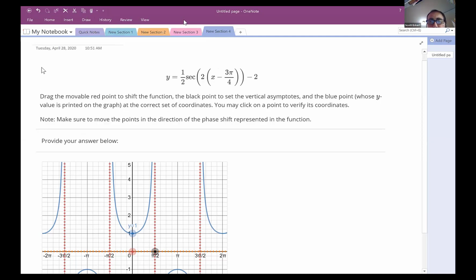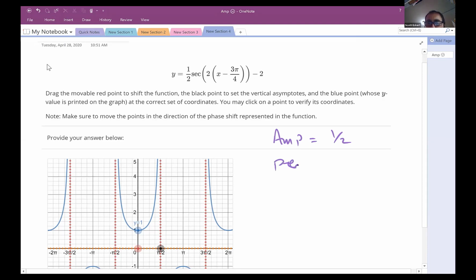We got the amplitude. The amplitude is a half. There's no reflection. Now, what is the period? Pi. Correct. 2 pi over b, and b is 2. So when we play around with it, we're going to have to fix the amplitude and the period.